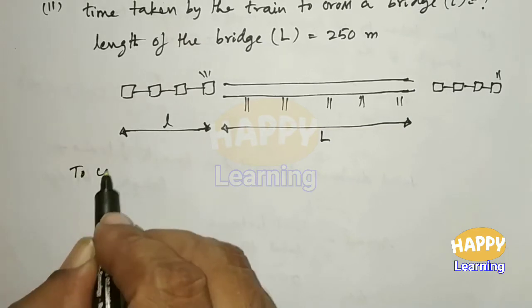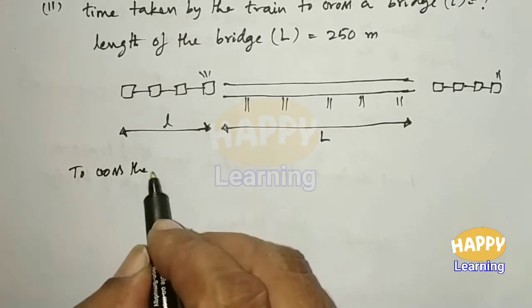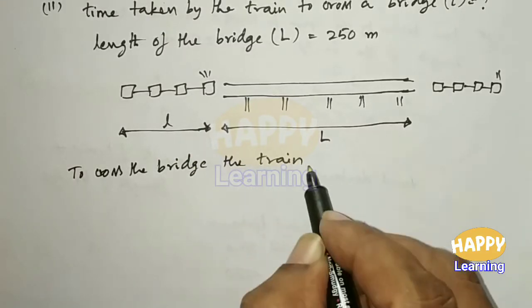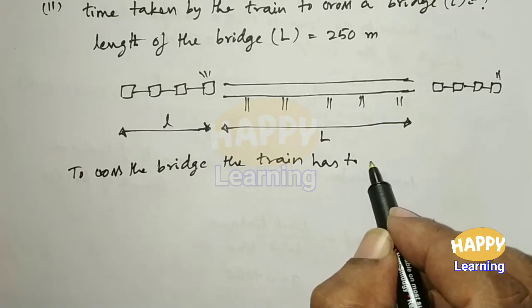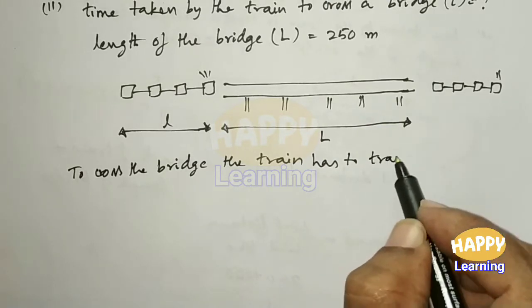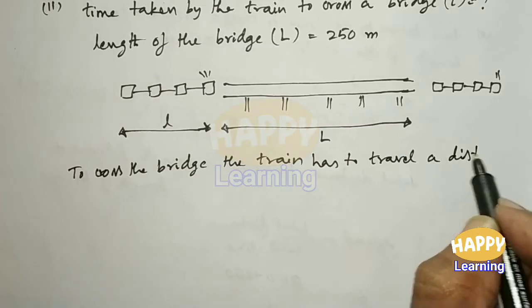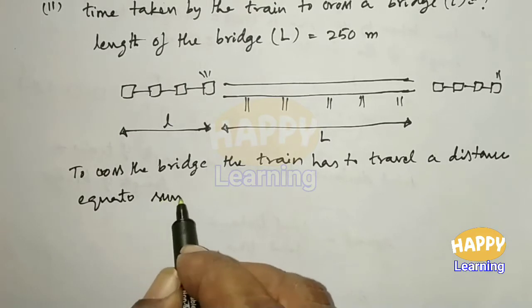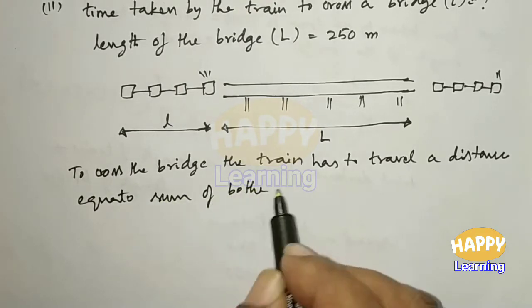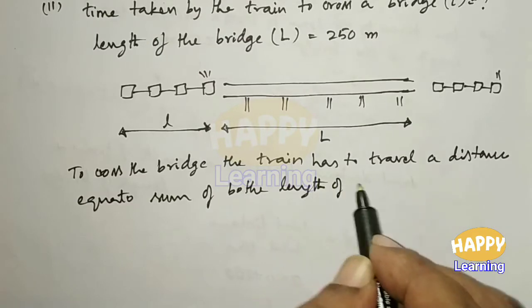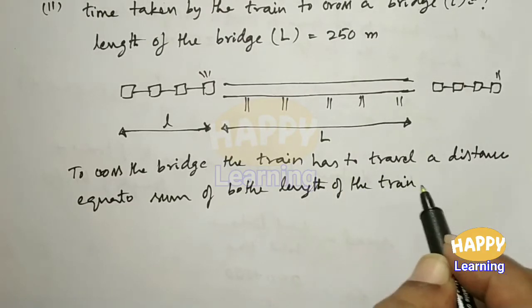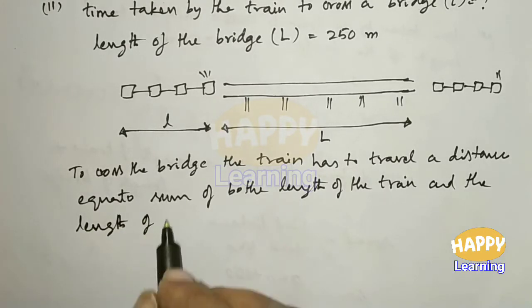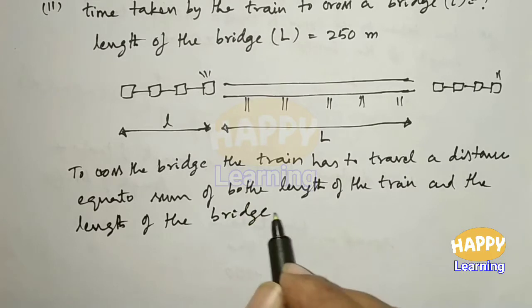So to cross the bridge, the train has to travel a distance equal to the sum of both the length of the train and the length of the bridge.